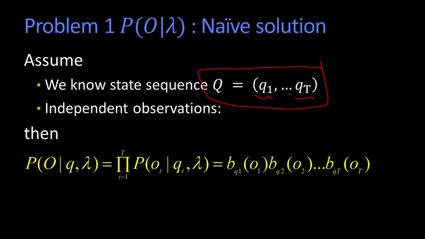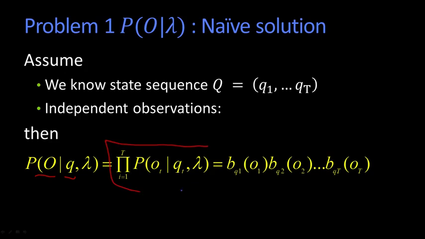The other thing we're going to assume is that the observations only depend upon the state that you're in. So when we say independent observations, what we mean is that if you knew the state, then the probability of observation is just dependent on the state and not dependent upon anything else. Well, if that's the case, then the probability of the particular observation sequence given the state sequence, because of independence, is just the product of the probability of the output of the particular symbol seen at time t, given that you're in the particular state at time t, taking the whole product, and that's just these B variables, right?